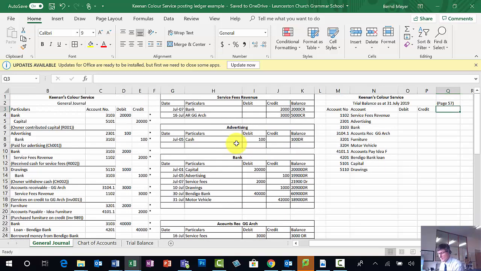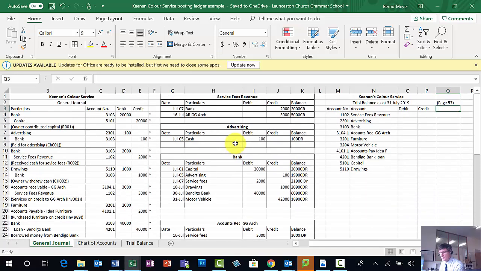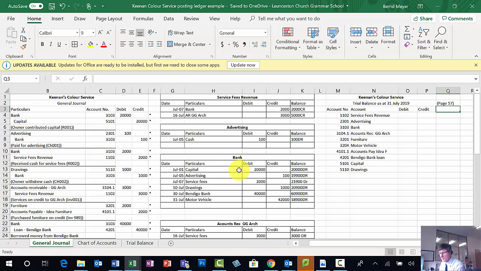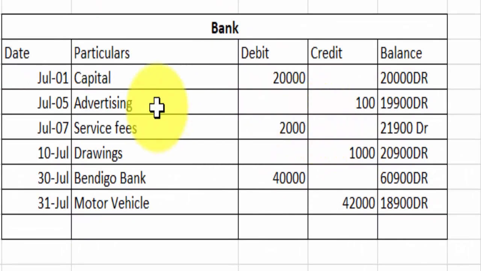Just to recap, I had a number of entries to all these accounts, and the bank account you can see here was the biggest account, or the one that I used the most. Just to recap what a columnar account looks like and how it works. On July the 1st I had capital coming into the business, so I had a $20,000 balance.